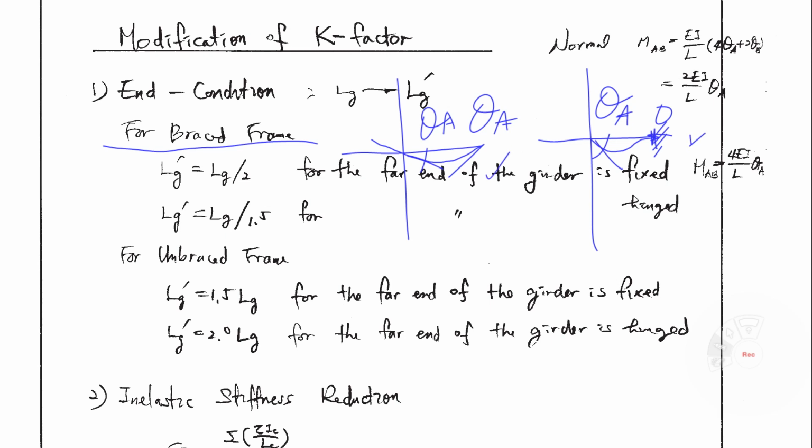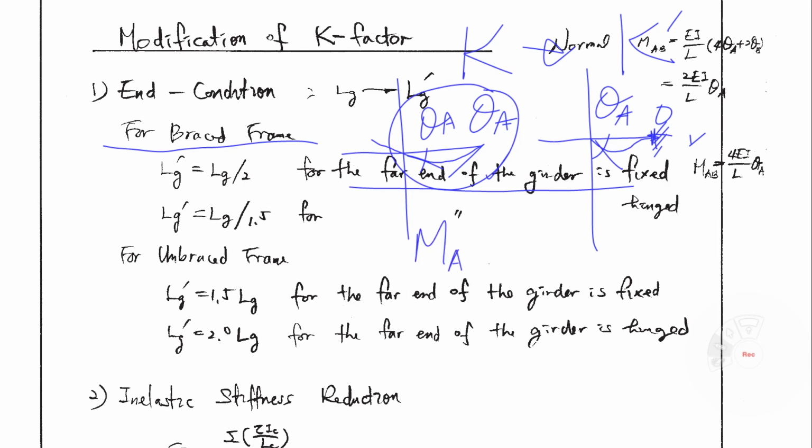Then the K factor from this original assumption must be changed, right? K prime. So how to change it? If the far end of the girder is fixed, then what is the equation? Originally, in this case, the slope deflection equation is MA. This one, let's say B2, beam. This beam also B2.